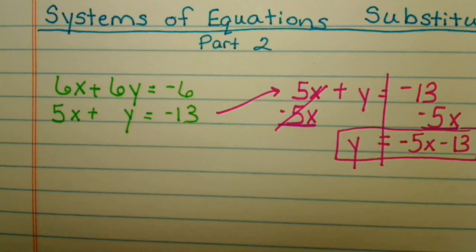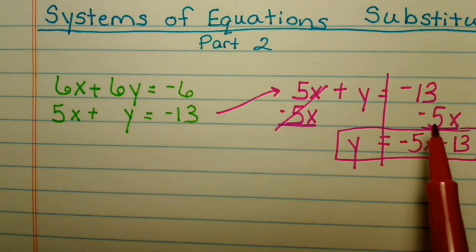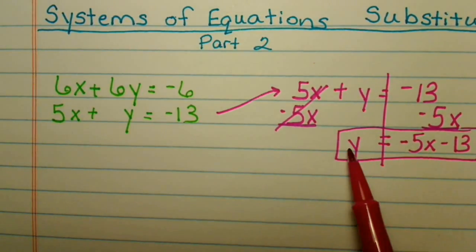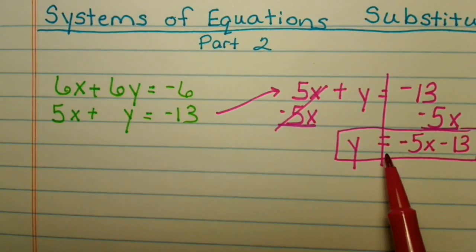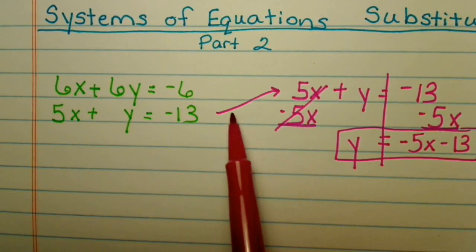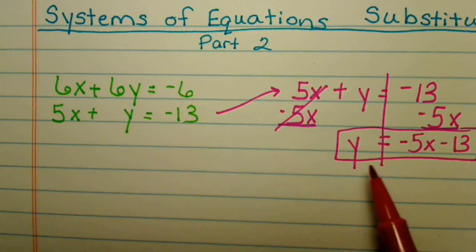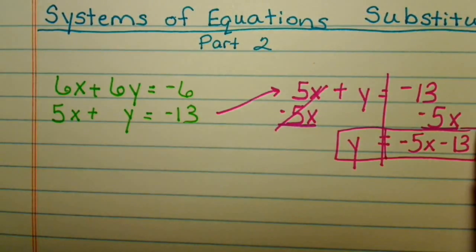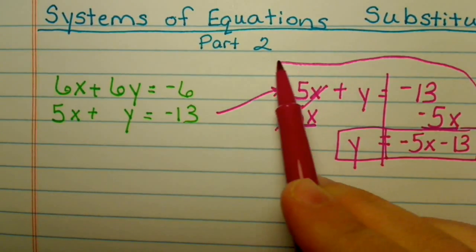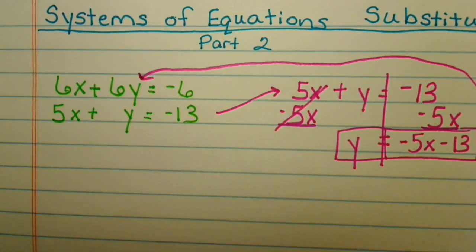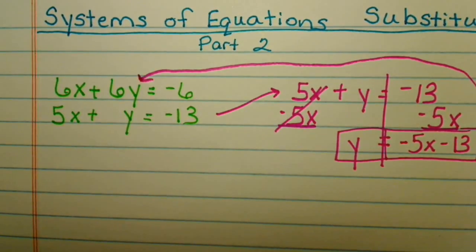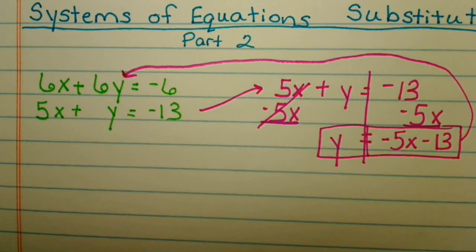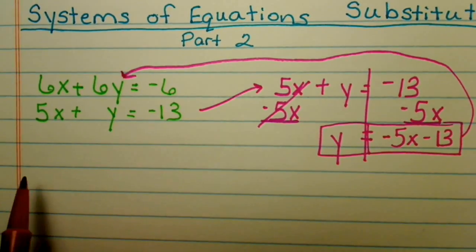The next step is part of the substitution. We're going to take what y is equal to, and we're going to substitute it into this other equation. Since y is equal to this amount here, we're going to substitute that amount in place of y in the other equation. Okay, so here we go.